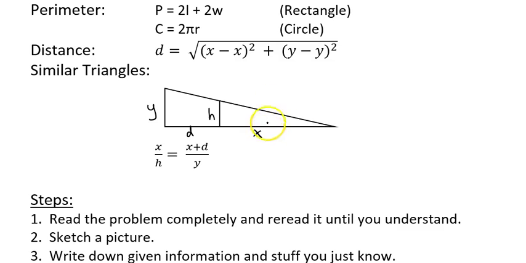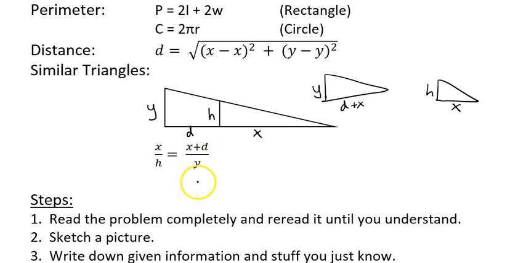You may have learned them as two separate triangles, but if you think about drawing these as two separate triangles, the big one has y as this side, but its whole side is d plus x. And then this little one, if you focus in on it, it has the side of h and just x. So it's really two triangles, but they're kind of on top of each other.